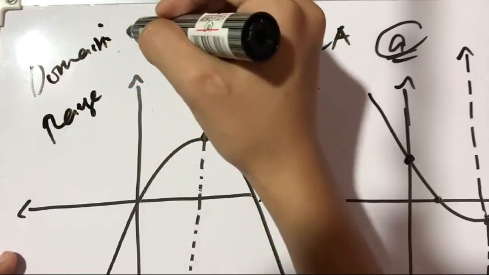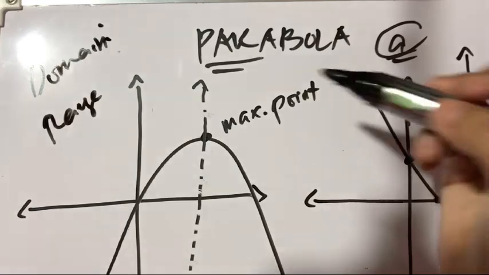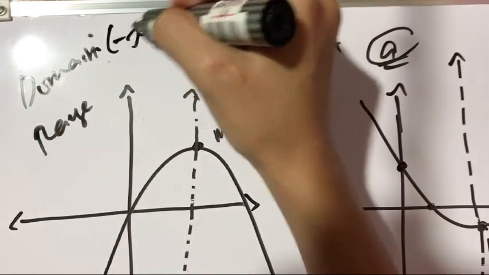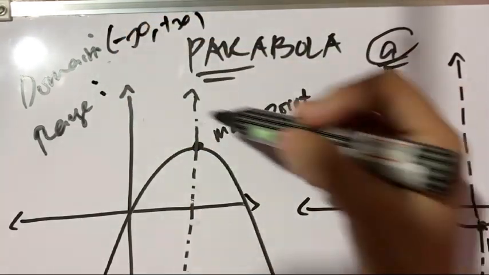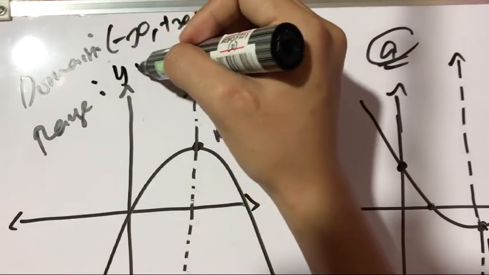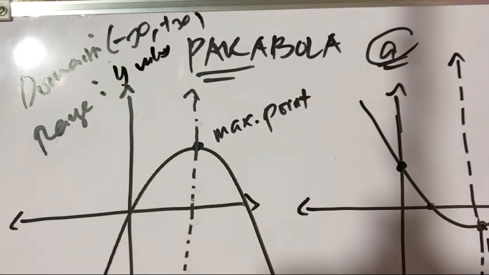The domain here is all the possible values of x, which ranges from negative infinity to positive infinity, and the range is all the possible y values.